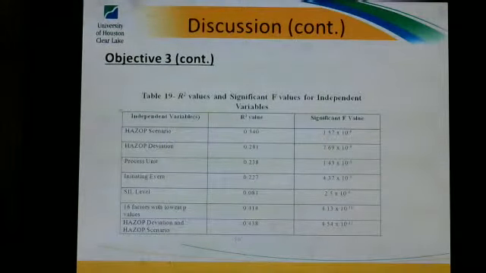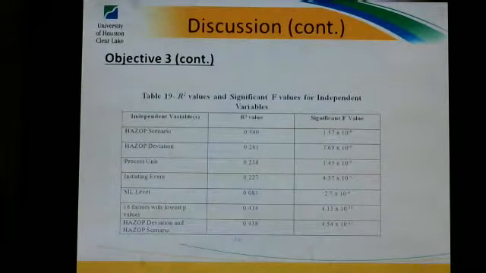So this Table 19 shows the different R-square values and F values for the independent variables, which are shown on the left side of the table. As you can see, the model that gave us the highest R-square value was the HAZOP deviation, HAZOP scenario, multiple regression model.